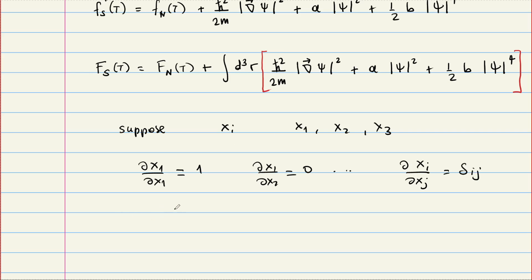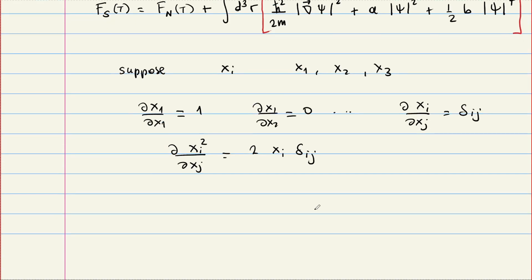I can also look at, for example, ∂(x_i squared)/∂x_j. I just take the derivative to x_i times delta_ij, and I can look at any function of x_i, ∂f(x_i)/∂x_j is going to be f prime of x_i and delta_ij.